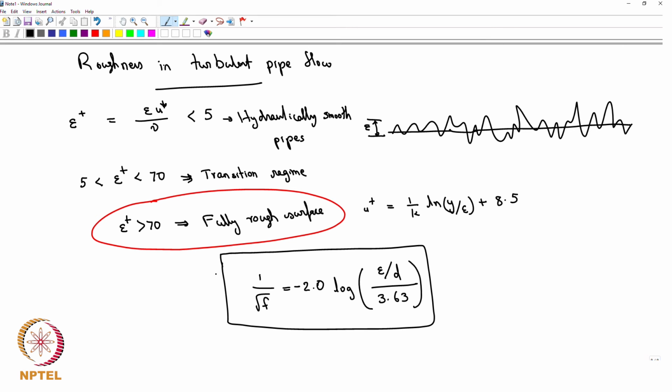So I'm saying that the logarithmic law is an experimental observation, and what we have seen for a smooth pipe can be borrowed. There are some calculations that can be done where you can take different layers and try to match and so on. But for us, it's an experimental observation.